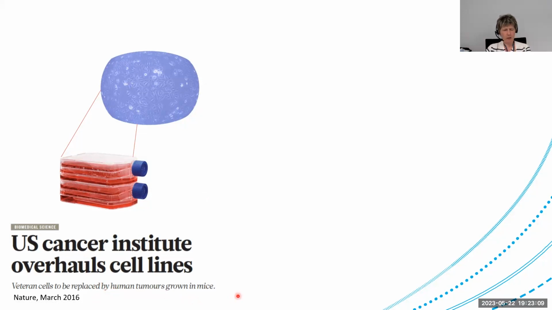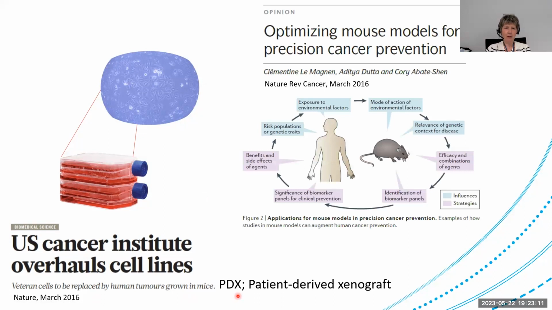So that was a little bit surprising to me, and this was an image from the paper. They wanted to optimize mouse models for precision cancer prevention. And like I said, that was a little bit of a surprise to me. Why would you want to use mouse models as a precision medicine approach?